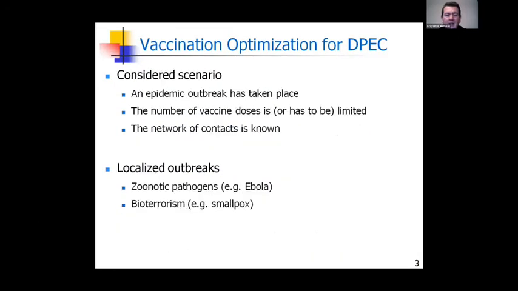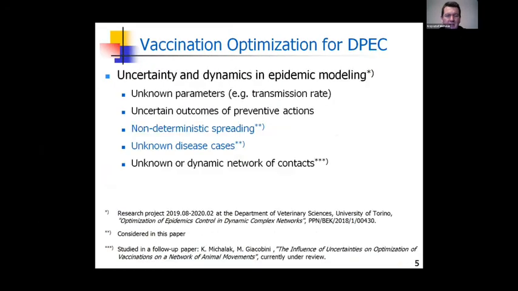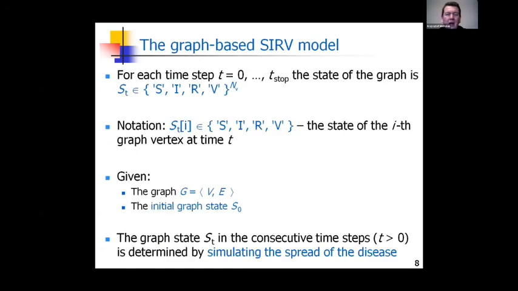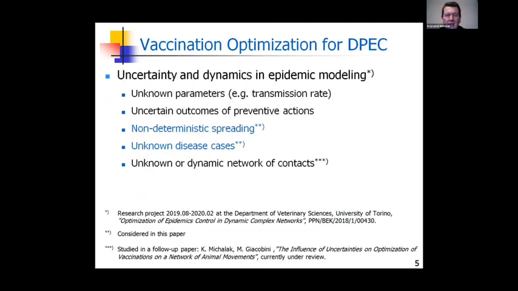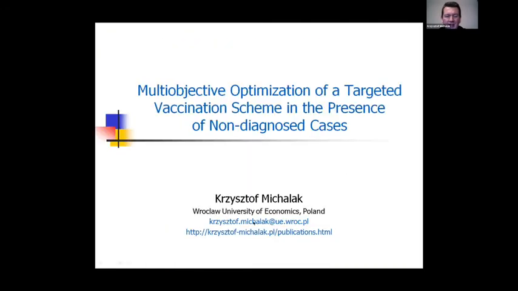Yes. In this case, the solution is just the binary vector. So for now, in this particular paper, I use just the operators which are not informed. They simply operate on binary vectors. If you want, you may go to my website, which is given in the first slide.